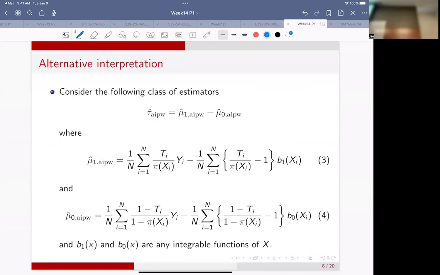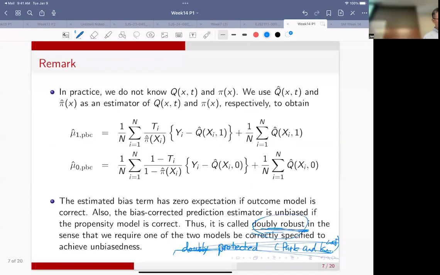But anyway, basically we have one interpretation of the doubly robust estimator, which is the bias correction of the prediction estimator, right? So here the interpretation is that we start with a prediction estimator, and this one serves as the bias correction.